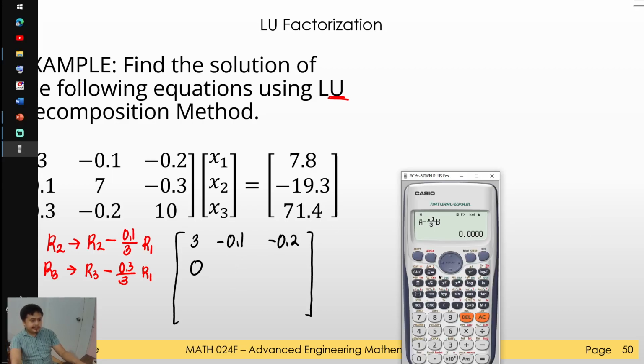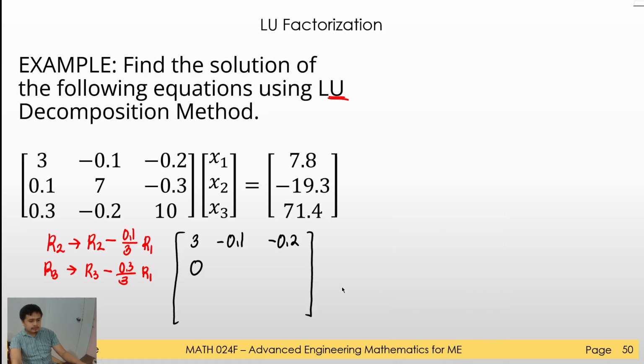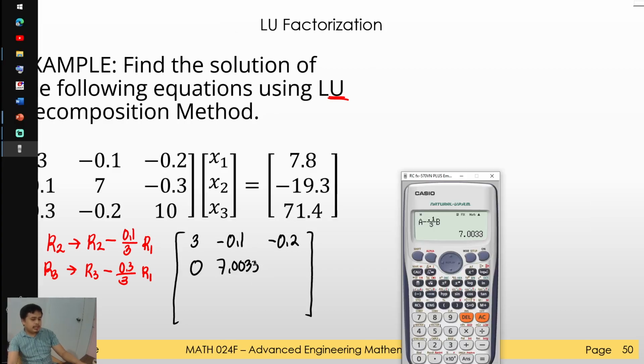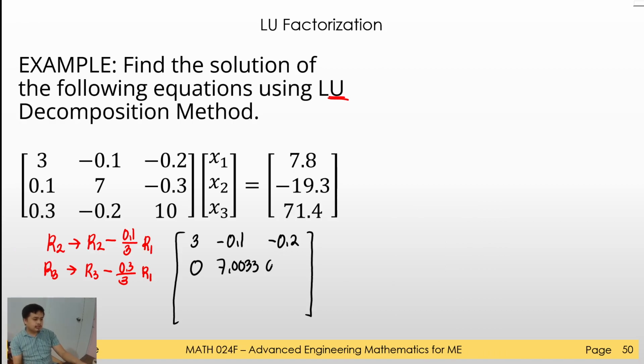Then the next one, 7 and negative 0.1, so we have 7.0033. Then we have negative 0.3 and negative 0.2, so 0.0067.